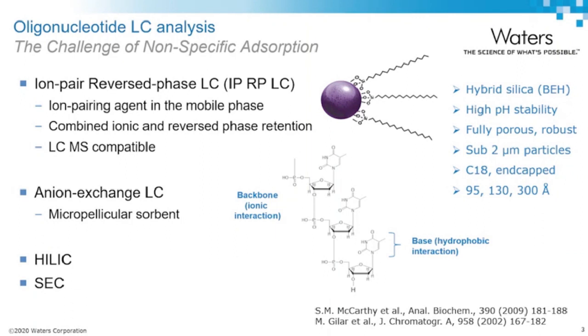They are available in sub-2 micron particles, and the selectivity and separation is really good. I list also a few papers at the bottom of the slides. Those are the papers from our lab, and they explain the mode of separation, which is in part based on charge interactions with the phosphate backbone, and in part based on hydrophobicity interaction with bases.